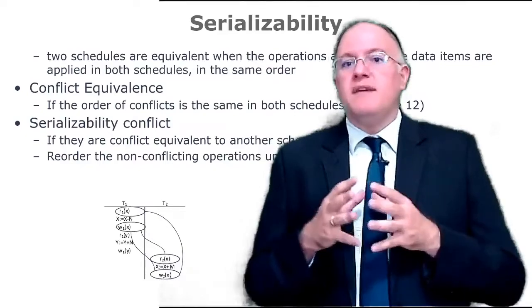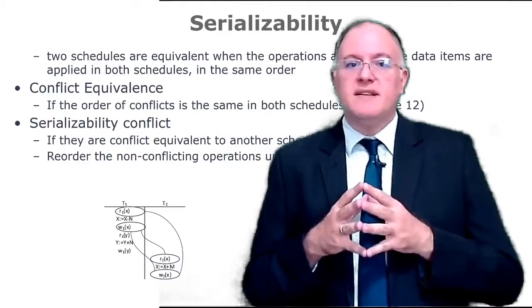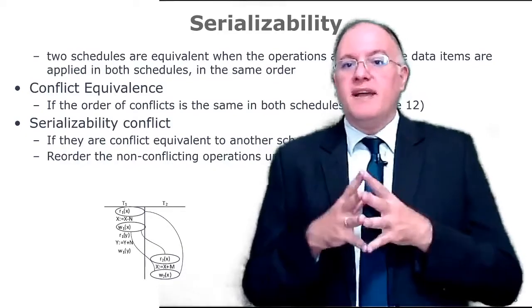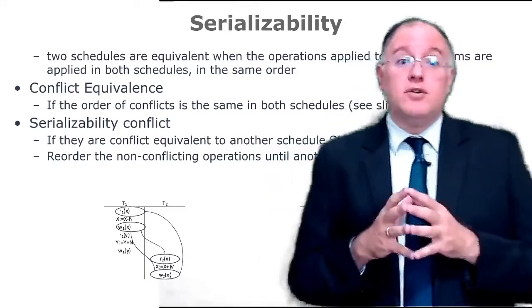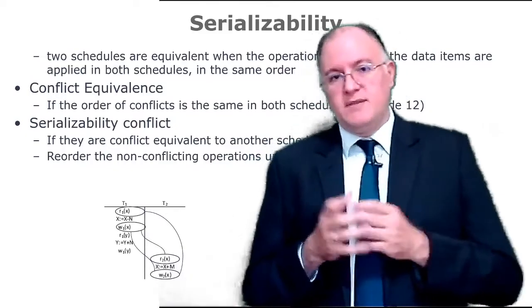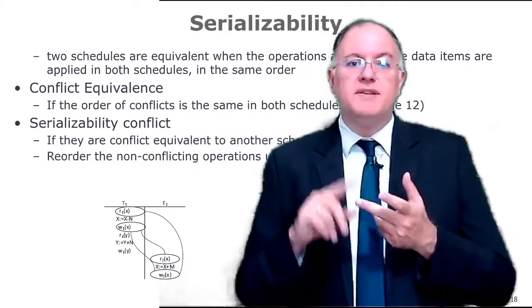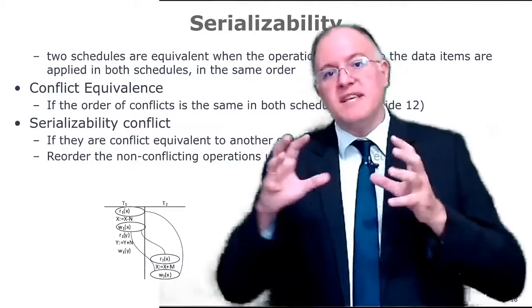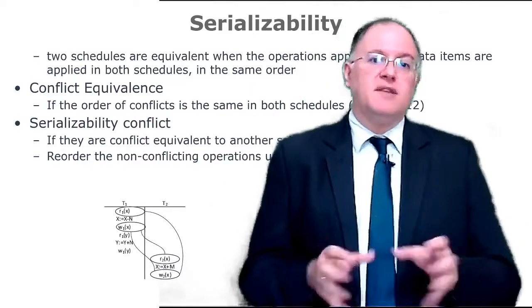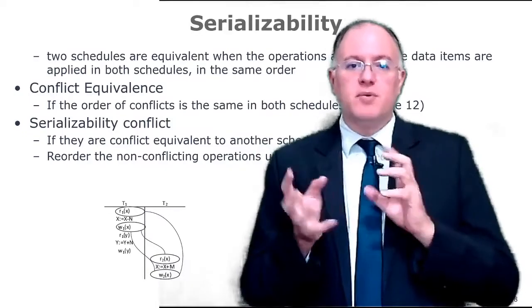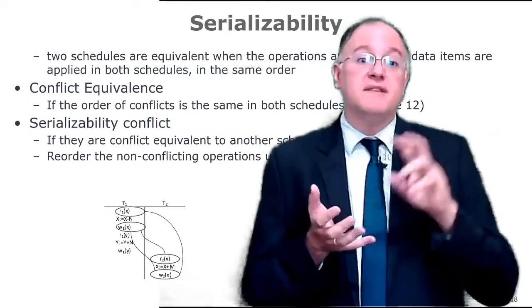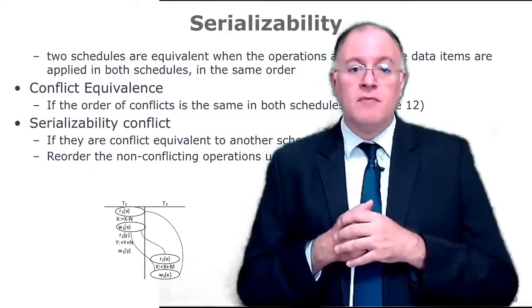If the schedules have the same conflicts, we can say that they are conflict equivalent. But what's a conflict? A conflict occurs when a pair of operations, as we said before, read-write, read-read, and write-write, over the same item, appears in the schedule. In this case, the concurrency control can reorder the non-conflicting operations to achieve another equivalent plan.